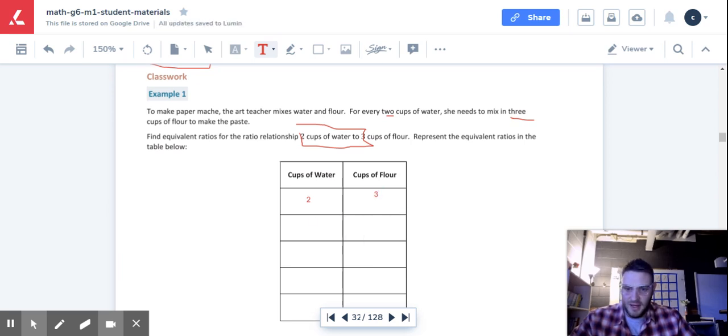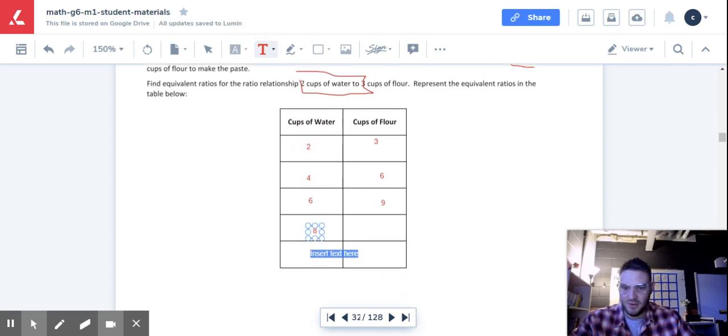Well, if it's 2 to 3, if we make it another one, what would it go up by? Well, it's counting up by, another one might be 4 to, if I doubled it, that would be 6, right? Well, then if we're counting by 2s, 2, 4, 6, this is counting by 3s, 3, 6, 9. We can just even finish this whole table out.